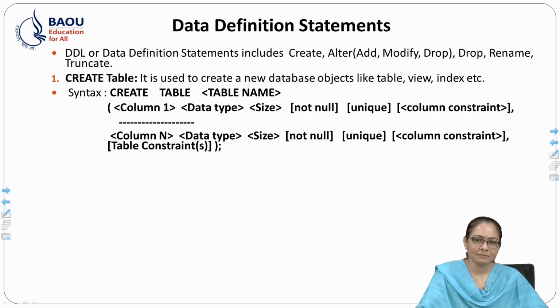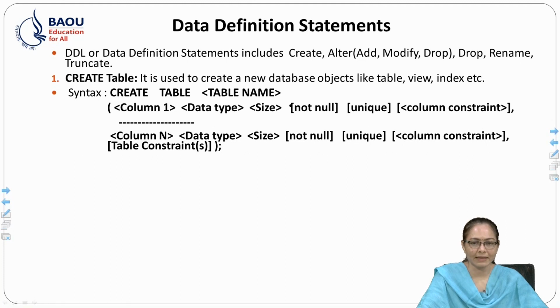First one is the create table, table name, and in the round bracket, column 1 and its data type and specify the size in the round bracket. Then not null, unique and column constraints.